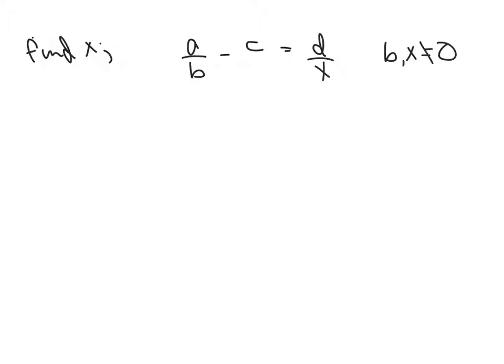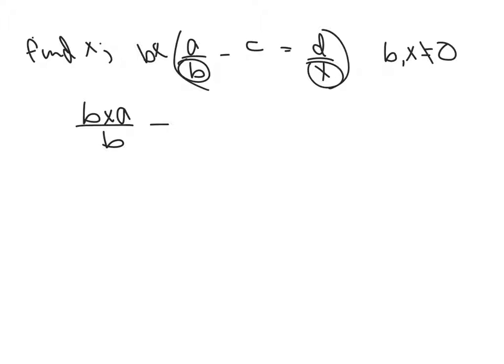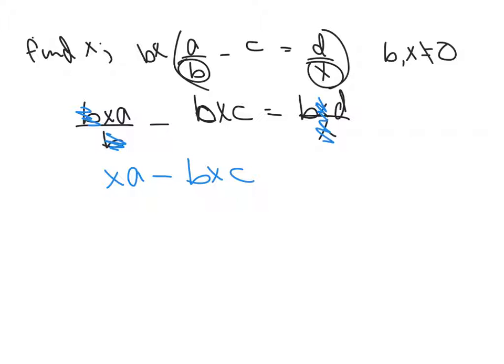Alright, so again, we multiply the whole thing times bx, and we get bxa over b minus bxc over x equals bxd over x. Okay, cancel x's, cancel b's, and I have xa minus bxc equals bd.